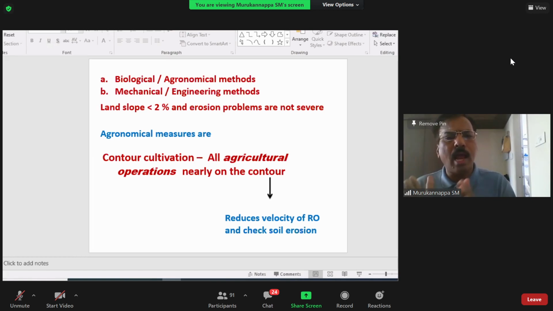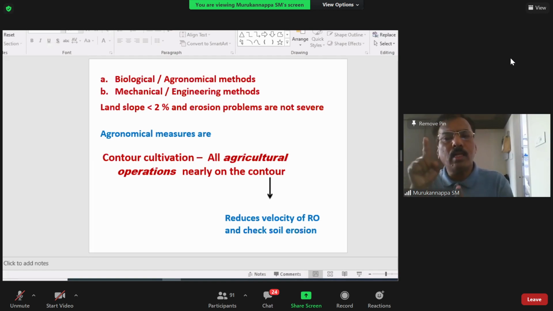If the land is very flat, with lesser topography, less than 2%, the severity of the erosion is not there. If the slope is more and more, then erosion will take place.